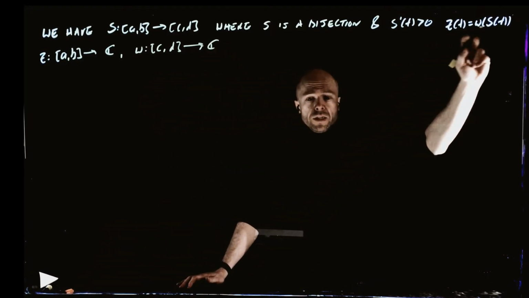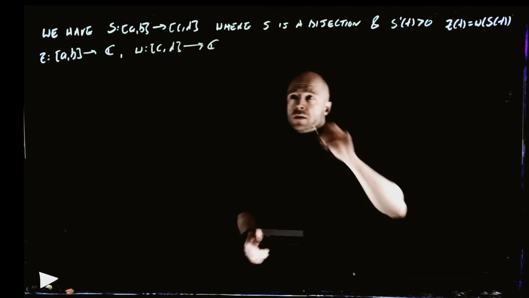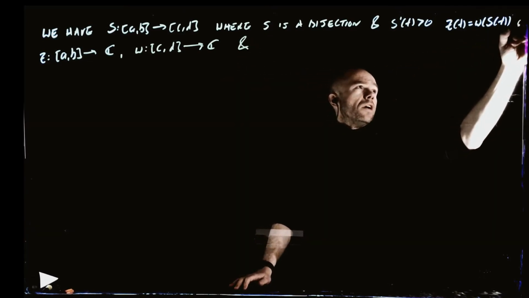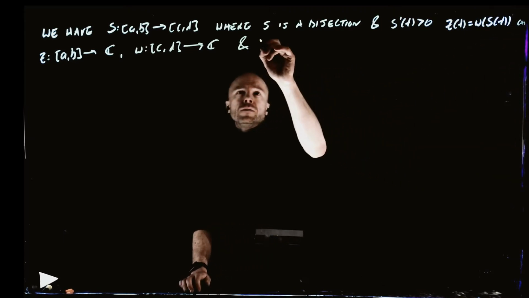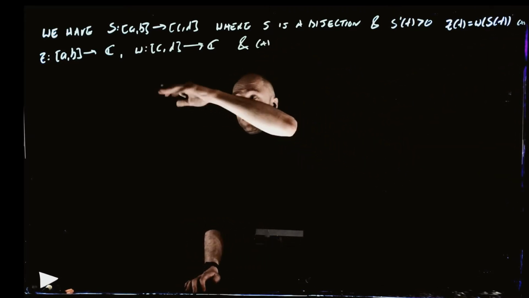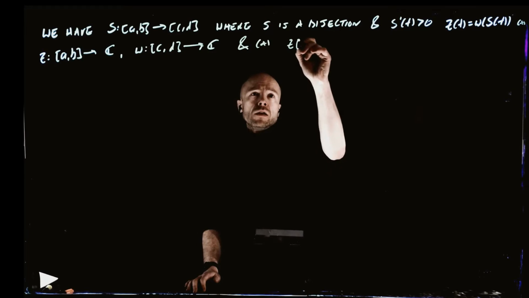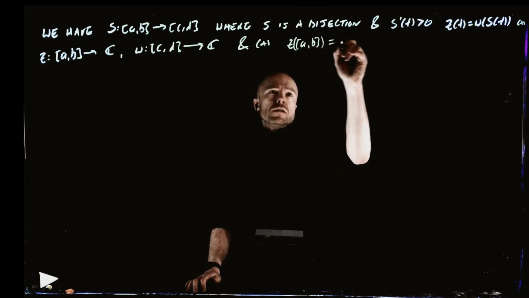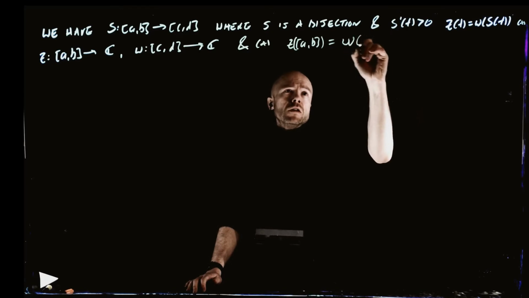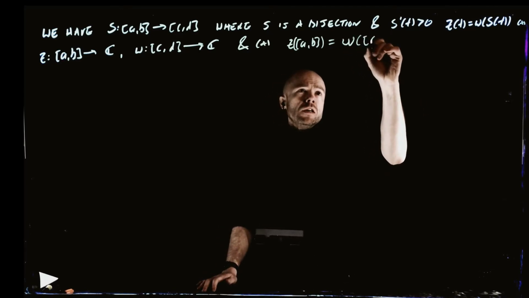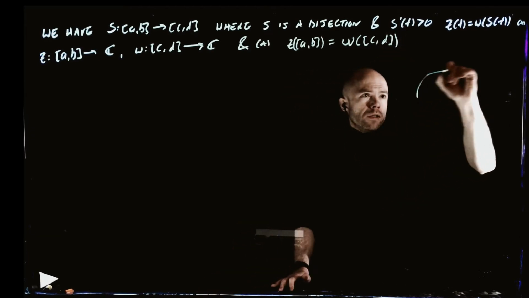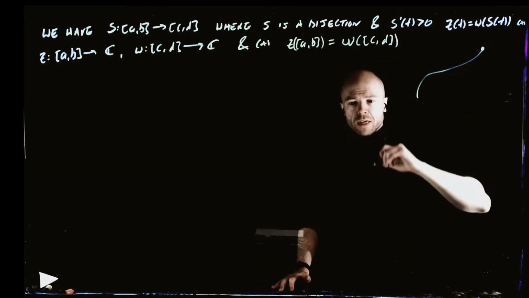So this condition in particular, let's call it star, implies that the images of both those things are exactly the same, right? Z of the interval AB is the same as W of the interval CD. So the set of points that are described by this are identical, yeah?